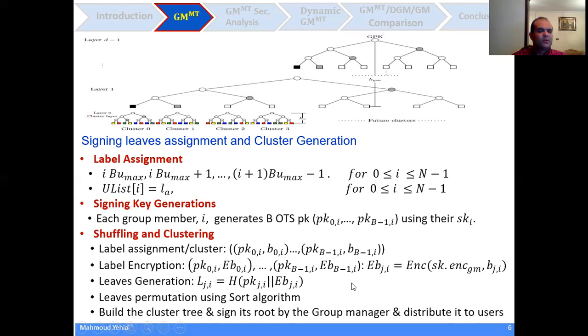After that, the group manager builds the cluster tree and signs the tree root with its key, then distributes these values to all group members.